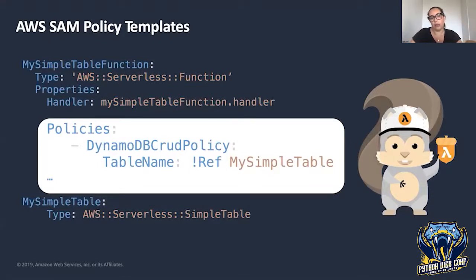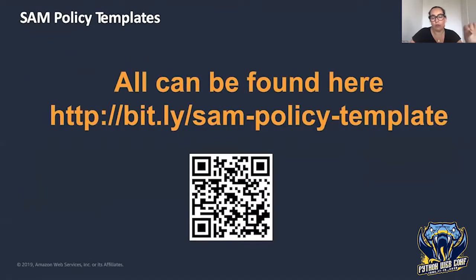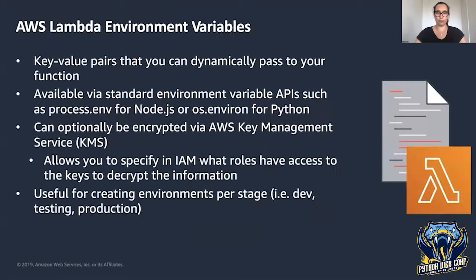So for example, here you will get permissions to do all the CRUD operations in a DynamoDB table whose name you can specify. If you want to find all the policies that are available, take a picture of this screen. They're all listed there, along with how to use them. So they're a great way to add security. And most of the common use cases are in SAM policy templates, so you might not even need to write your own policy documents.